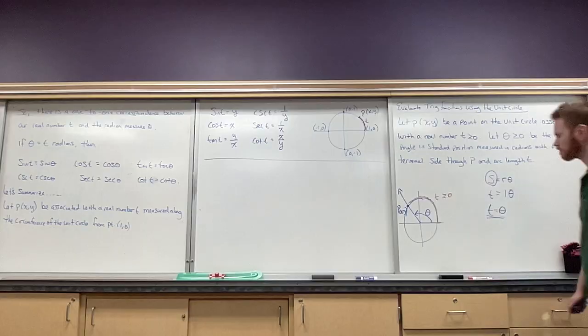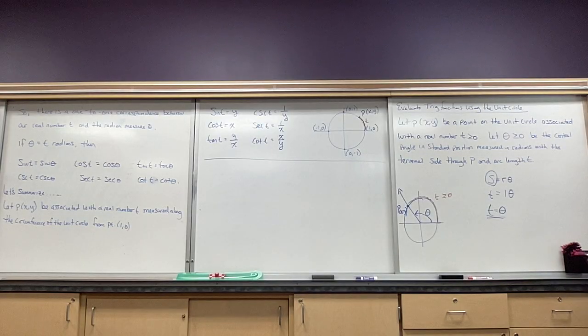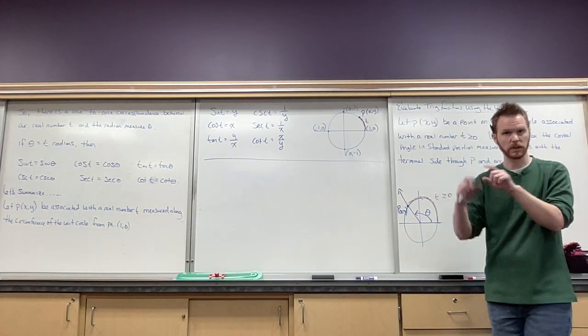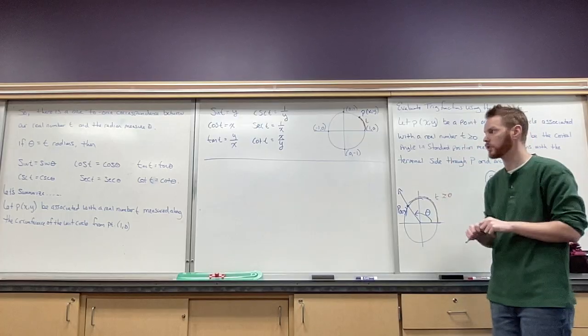Awesome. So we laid a lot of groundwork here, made some good observations. Now, if you remember from a prior lesson, we did special angle relationships. We did 30 degrees, 45 degrees, and 60 degrees, right? Those, the 30, 60, 90 triangle, 45, 45, 90 triangle.